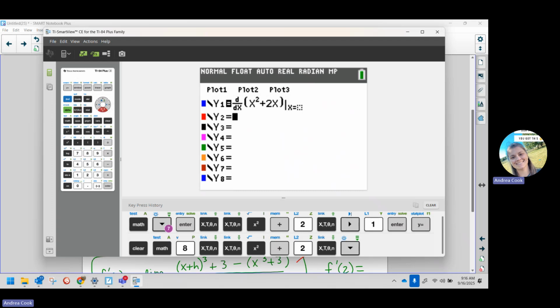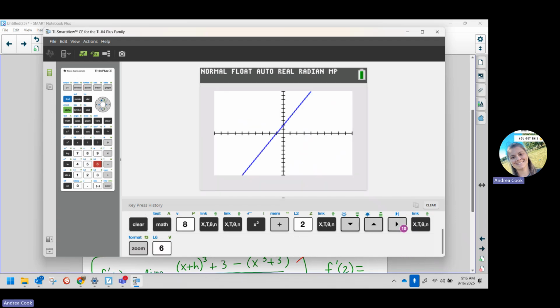And then here, instead of x equals a number, I'm gonna put x equals x. And when I hit graph, it's graphing the entire derivative, the equation of the derivative. So then if I hit trace and say, what was the derivative at 1? It gives me 4.